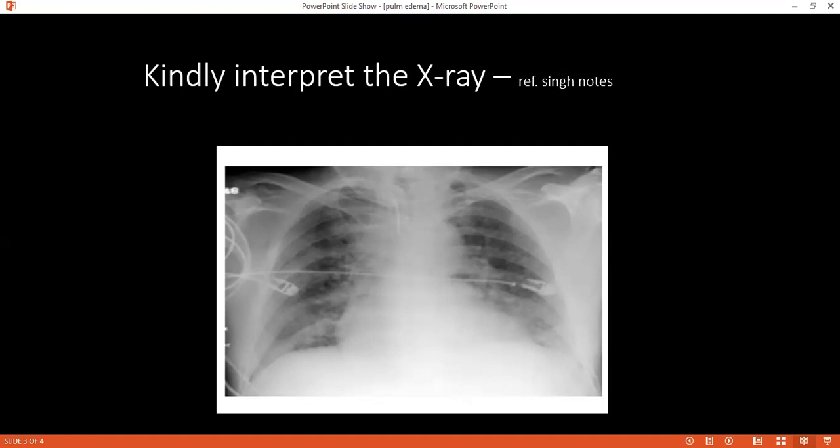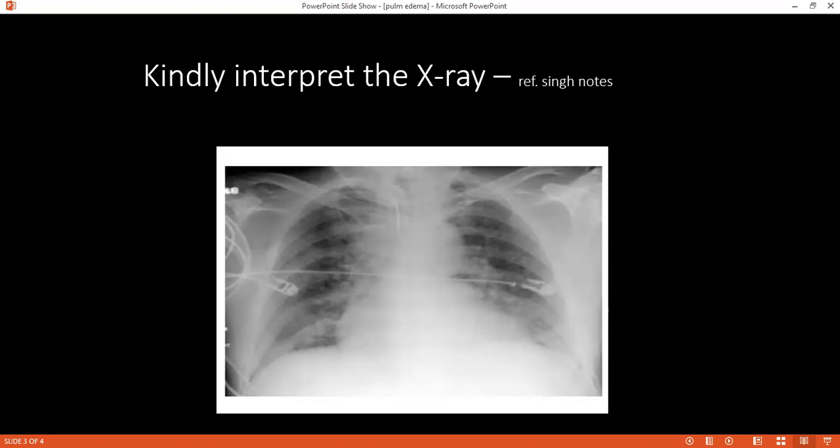This is a PA chest X-ray showing cardiomegaly. There is blunting of the left costophrenic and cardiophrenic angle. There is alveolar edema with interstitial edema.